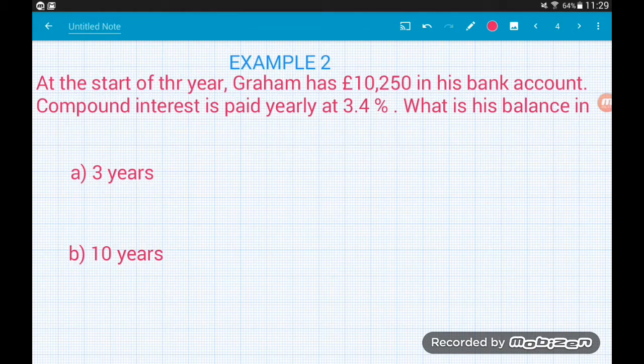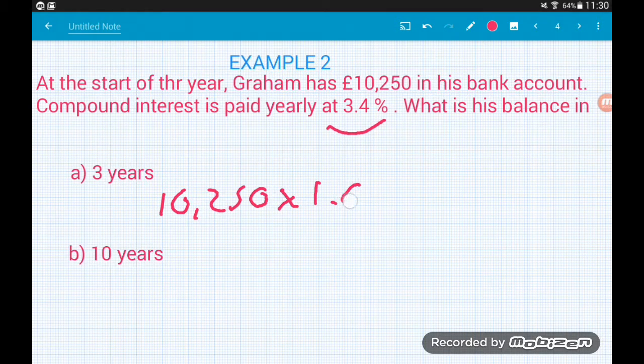Get it ready to check that you get the same answers as I do. Okay, at the start of the year, Graham has £10,250 in his bank account. Compound interest is paid at a rate of 3.4% yearly. What is his balance in 3 years? Okay, so we've got his original balance, 10,250. Now, we are increasing by 3.4%, so the multiplier that we're going to use is 1.034.